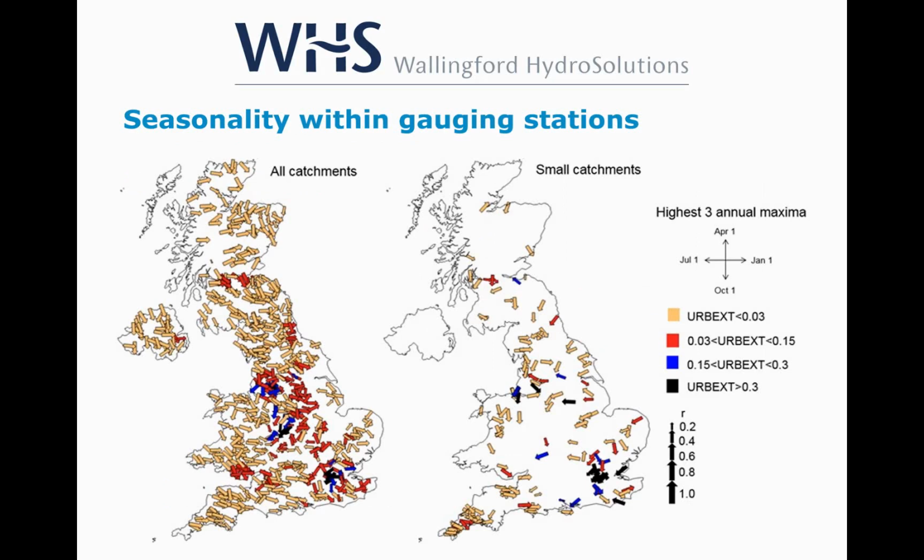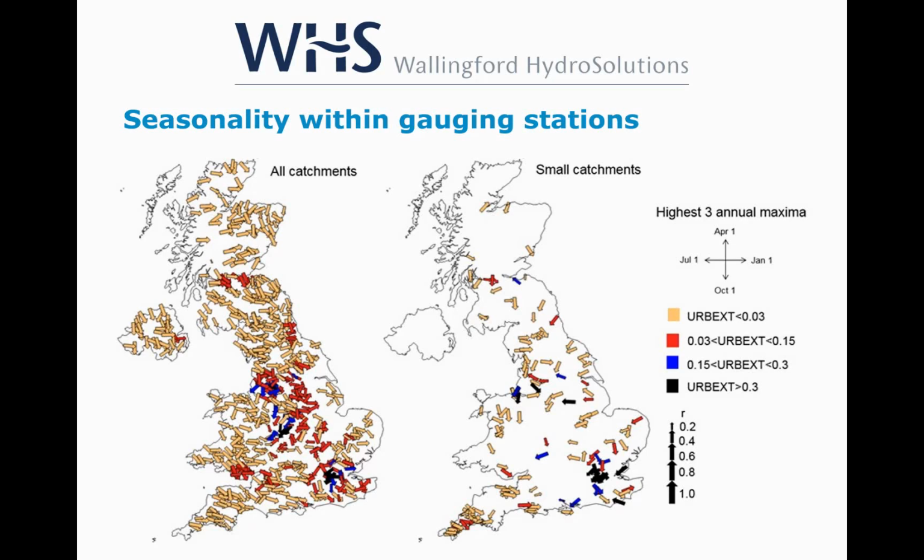This map here shows our seasonality within gauging stations. This is based on all stations within the NRFP dataset and a subset, the small catchments dataset, which also has some additional catchments as well. The direction of the arrows tells us which month of the year our highest 3 annual maxima occur within. So if the arrow is going to the east, then it's a winter event. Most of these are between sort of October and January.